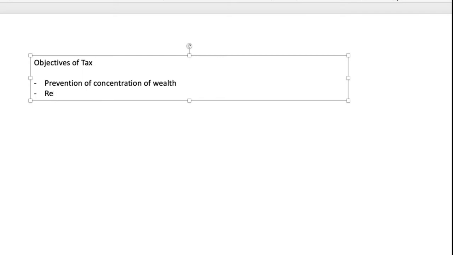So that is called redistribution of wealth. Government will collect it and use the tax amount for nation building.